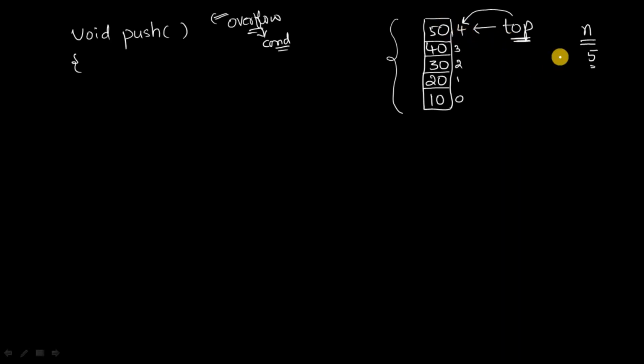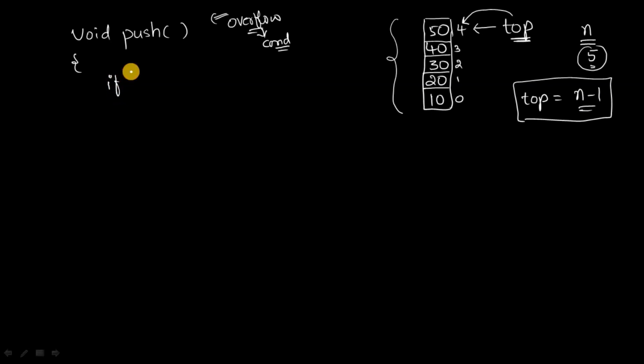So how did you get this 4? Try to derive that value 4 from 5. Very simple, n minus 1, right? So when top value is equal to n minus 1, I can say that my stack is full. So I am going to use this condition in the program.